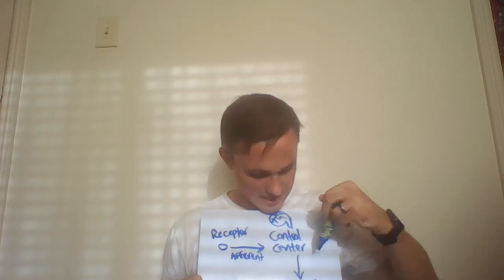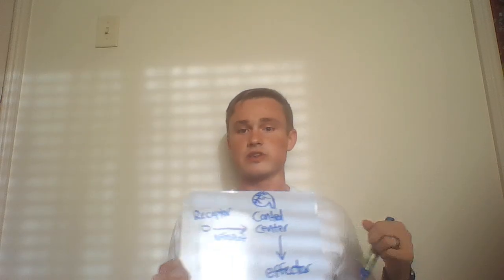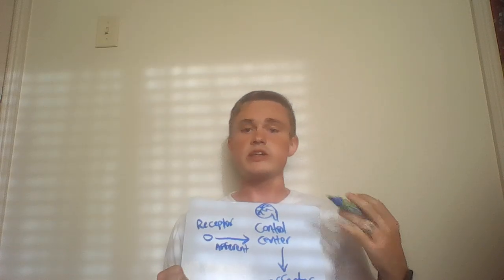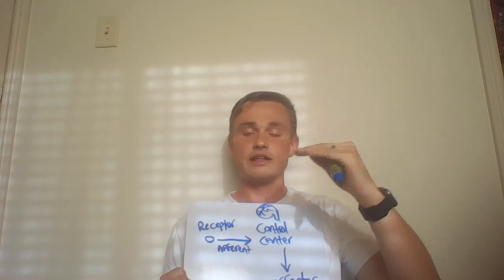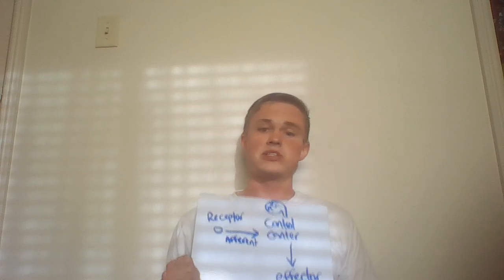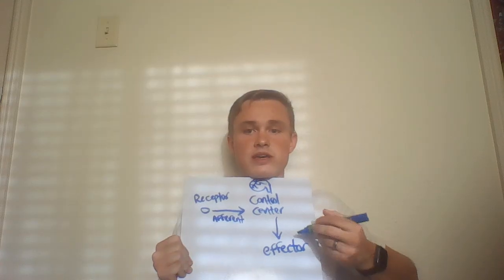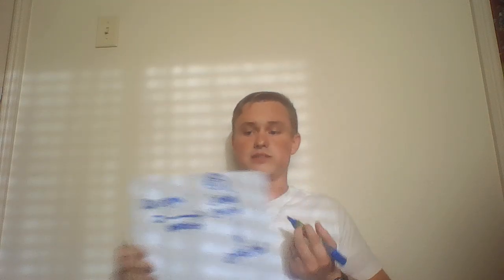That information is then sent to an effector, such as our muscles, which begin to shiver to try and increase or maintain our internal body temperature despite changes outside of our body. That pathway is called efferent. E as an example.